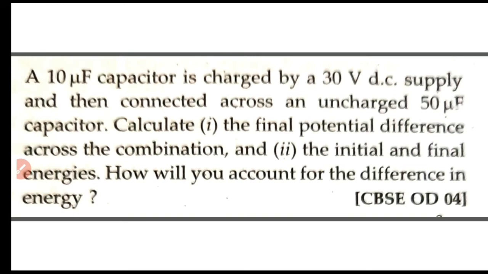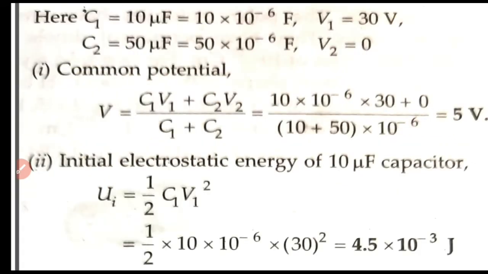That means total energy before sharing and after sharing. How will you account for the difference in energy? We will find out. First, you need to find that common potential. That is what is asked as the first question. So just substitute into C1 V1 plus C2 V2 by C1 plus C2; microfarad is to be converted to farad.